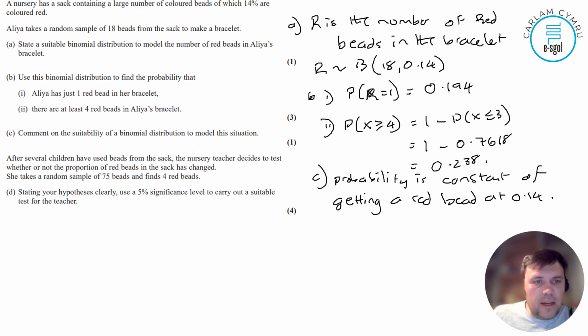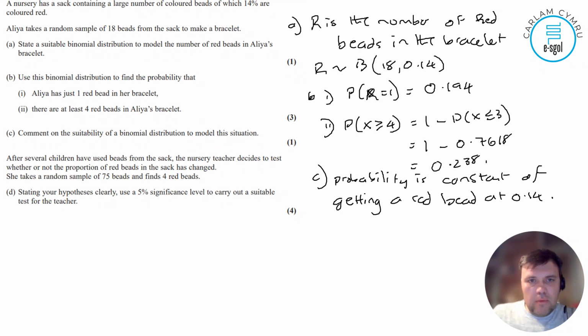And then after several children have used beads from the sack, the nursery teacher decides to test whether or not the proportion of red beads in the sack has changed. She takes a random sample of 75 beads and finds 4 red ones. Stating your hypothesis clearly, use a 5% significance level to carry out a suitable test for the teacher.